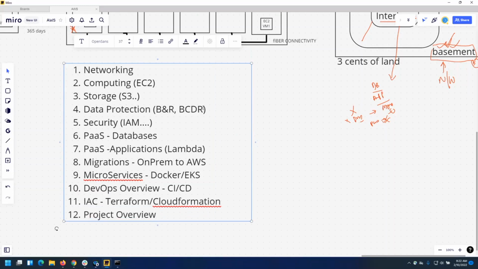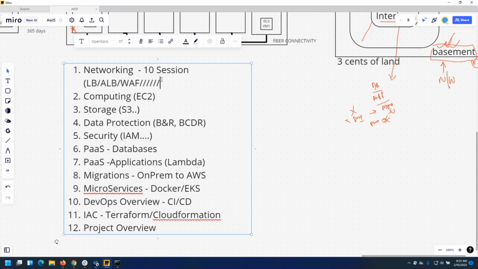So part of that, for networking I'll take, let's say, 10 sessions. That doesn't mean I'll completely focus on networking all the time. No, we will also deploy the servers. We will also talk about high availability solutions like load balancer, application load balancer, WAF, and so on, all the high level security and stuff within this 10 sessions.